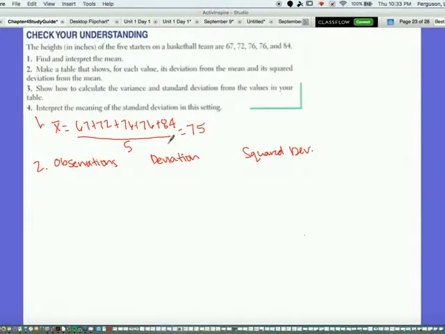Keep in mind that this is your deviation, this is your deviation squared, this is our standard deviation, this is our variance. So you might want to label that.